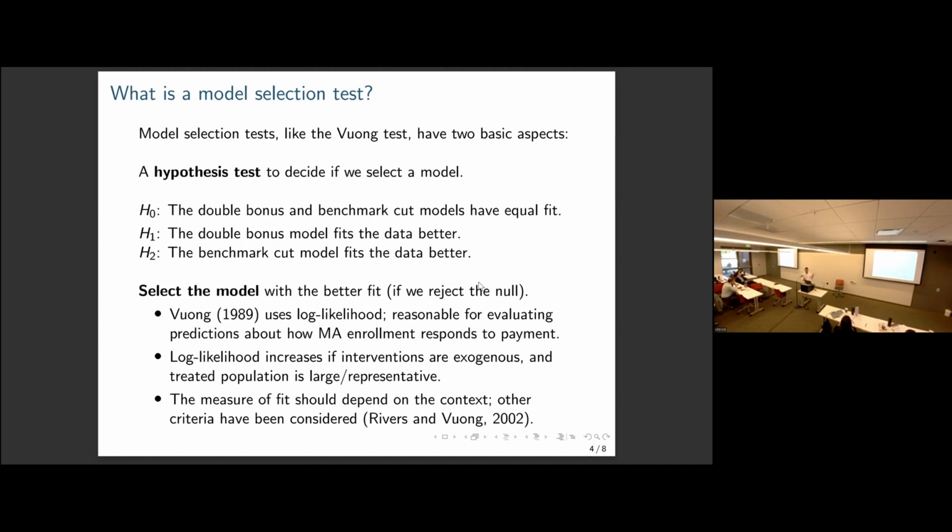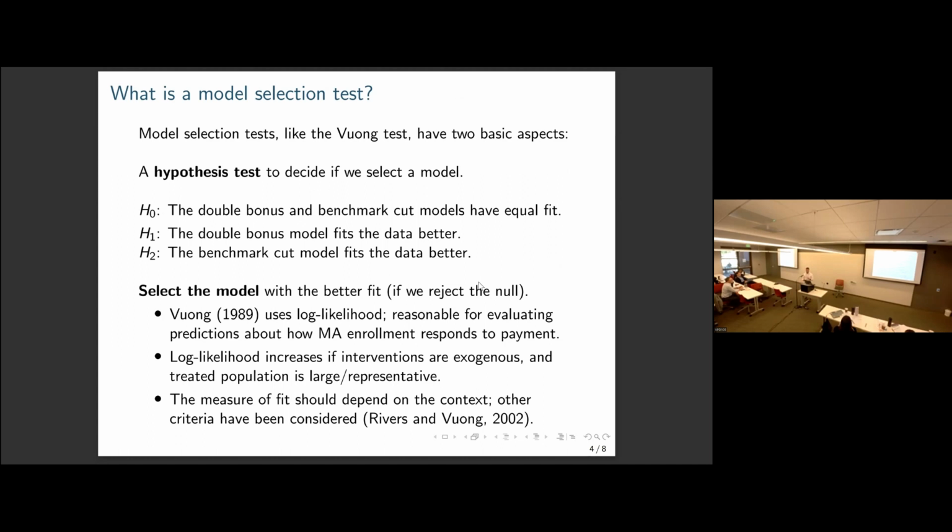And I think Xiaoxia actually asked about this directly: you have these different models estimating how enrollment in Medicare Advantage will respond to different exogenous policy shocks that change enrollment. Why is log likelihood the criteria that you want to be using? In general, if you're trying to use a model selection test to select between different models for counterfactuals, log likelihood may not be the criteria that you necessarily want.